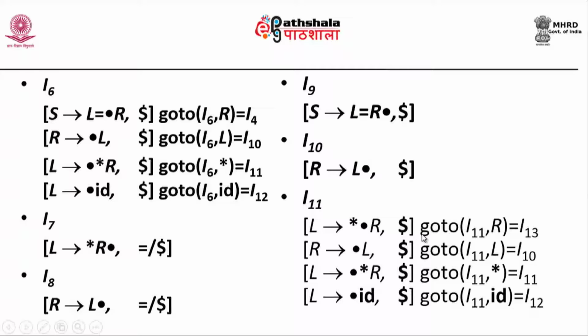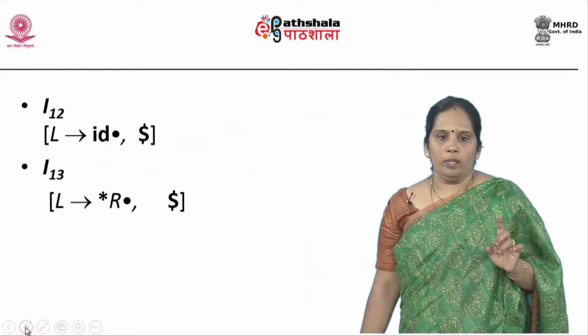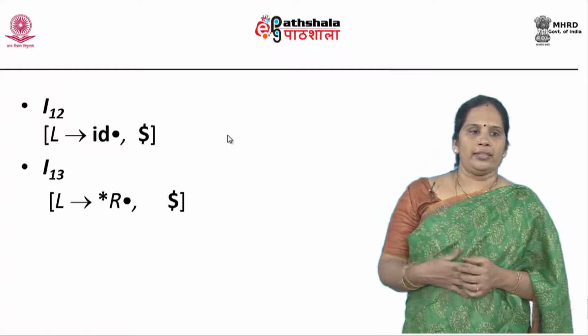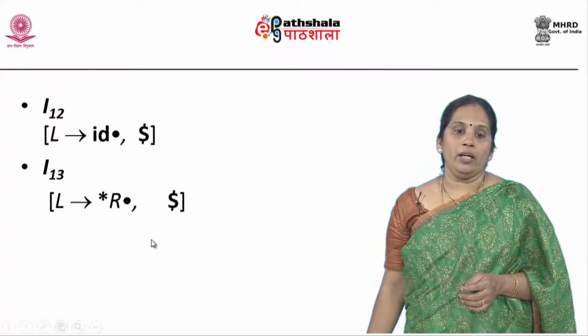And then I have here I9, I10 is done, I11 comma R is I13, I11 comma L is I10 itself, I11 comma star is I11 itself, and I11 comma ID is I12. So I12 is L produces ID dot, comma dollar and I13 is L produces star R dot, comma dollar.